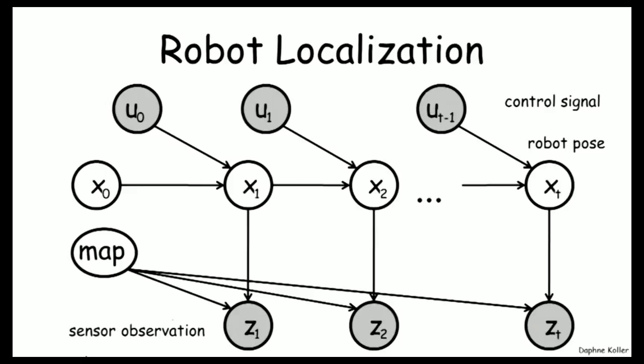So that gives us a graphical model that, again, this is one example of such a graphical model, where we see that the position, the robot pose over here, these x variables, depend on, for example, the previous pose and on whatever control action the robot took.